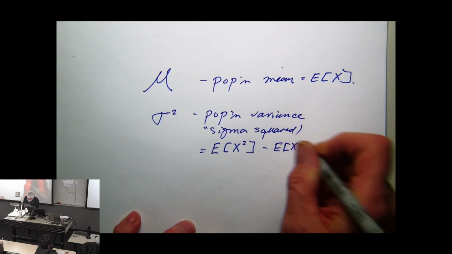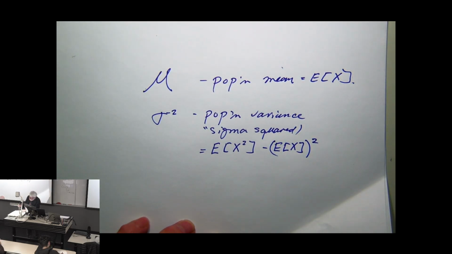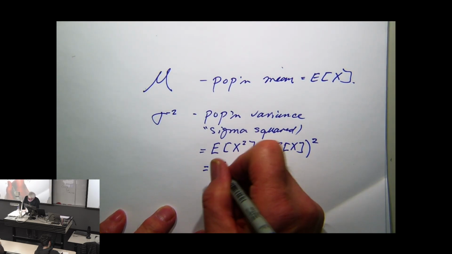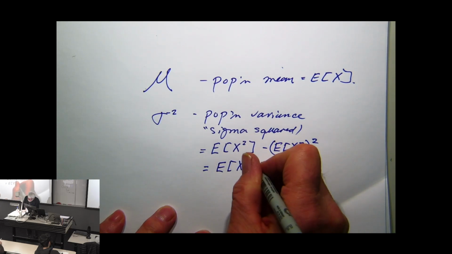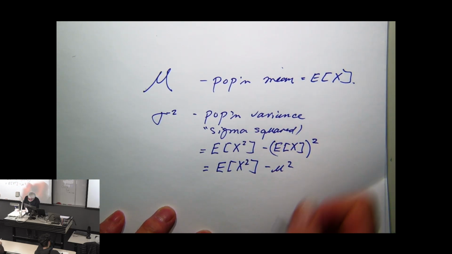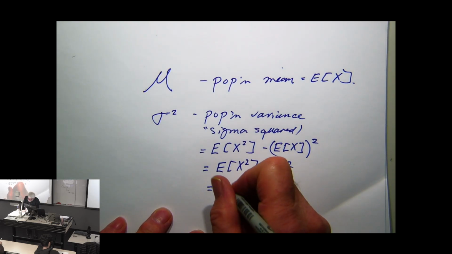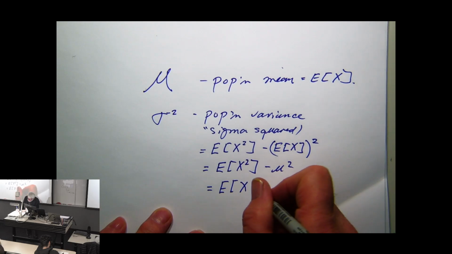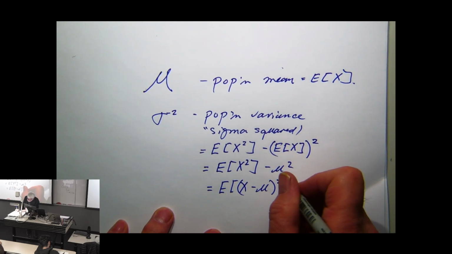Is the expected value of x the quantity squared, or that is the expected value of x squared minus mu squared. Or you can also mathematically show, and this is actually often where we start as a definition, that that is the expected value of x minus mu squared.